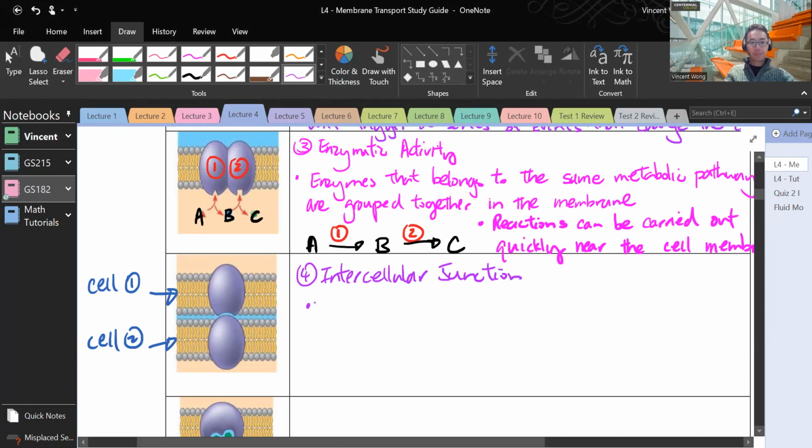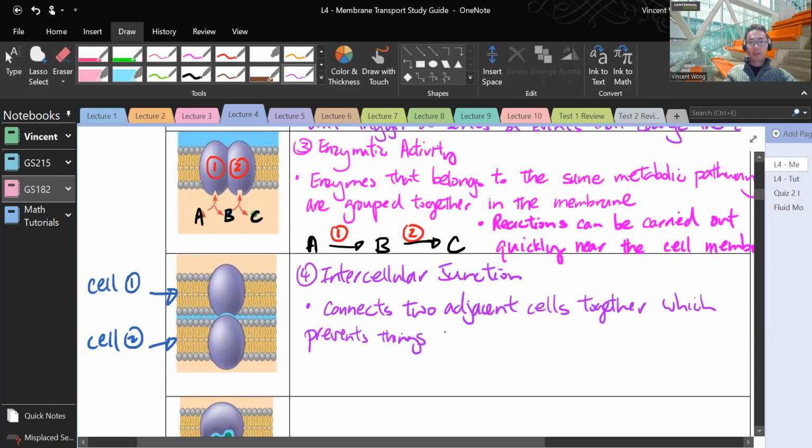So two adjacent cells connect together, which prevents things from crossing between cells.